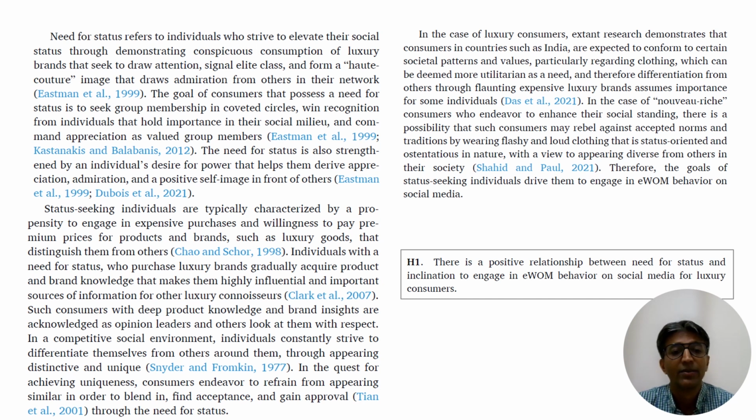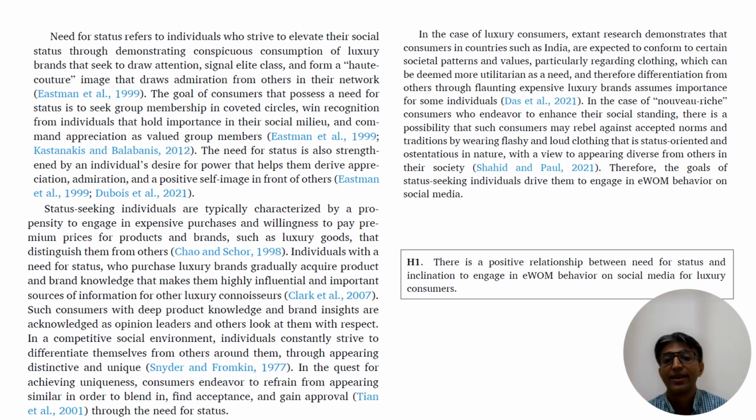Post that, in the second paragraph, we try to address the process through which self or need for status would affect the gain behavior or the loss behavior. And later on, it would be established in the case of luxury consumption how need for status would affect the word of mouth that the consumers would seek with respect to the luxury brand.